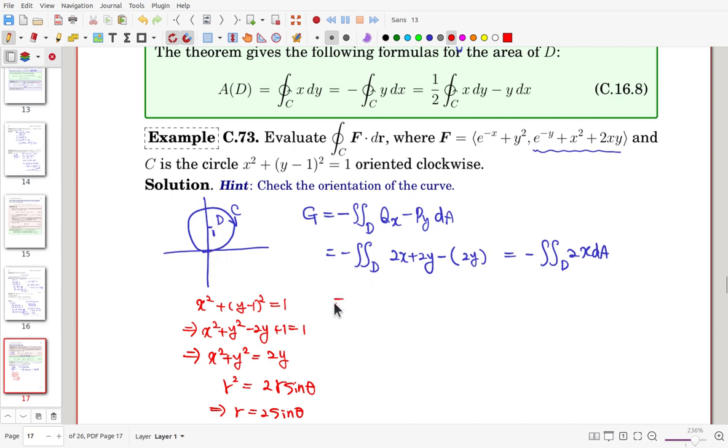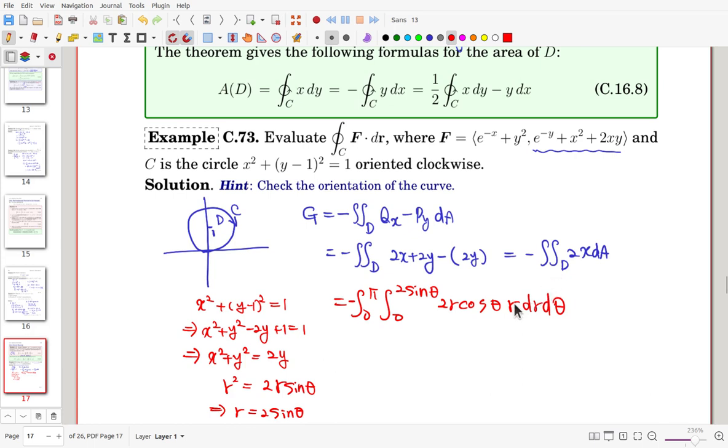So the angle is from 0 to pi, and r is from the origin to over there, so 0 to 2 sine theta. And oh yeah, we have a minus here, and 2 times x, where x is r cosine theta, right? And then we have one more component, r, so we have r dr d theta.